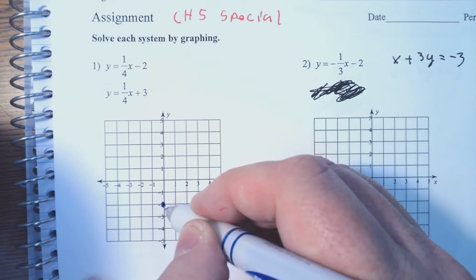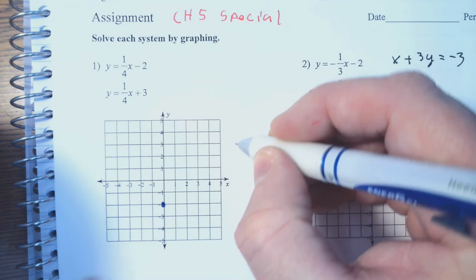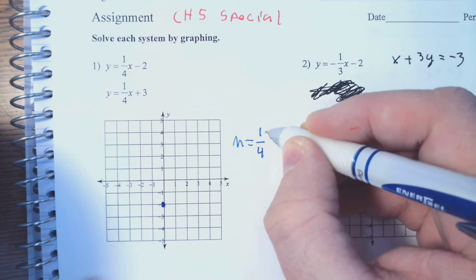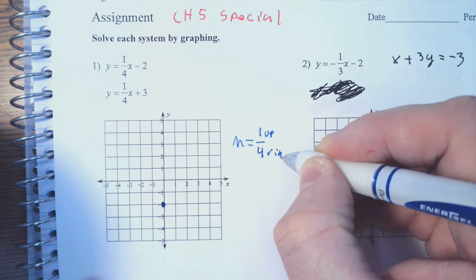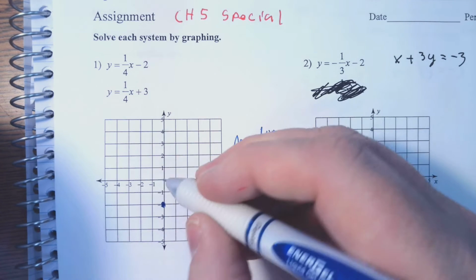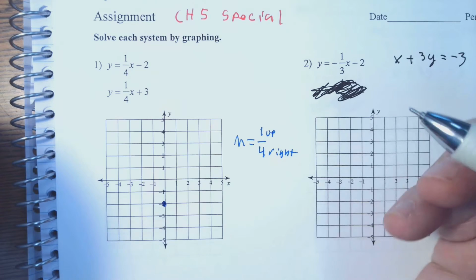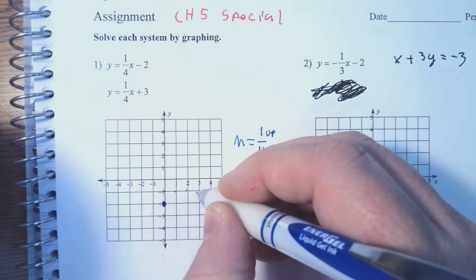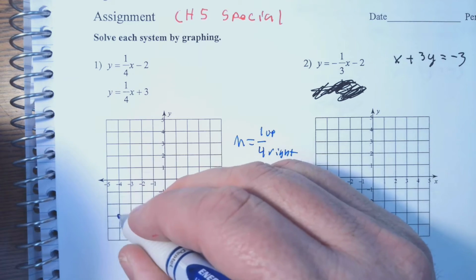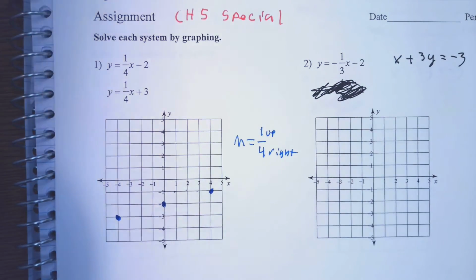So that first one, remember, starts on -2. And this slope, remember, is up. Okay.